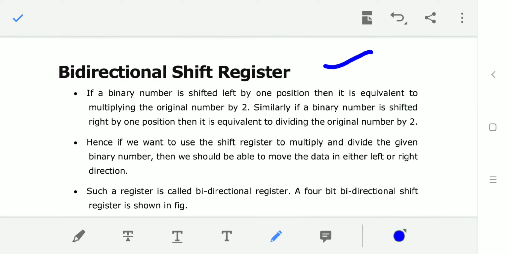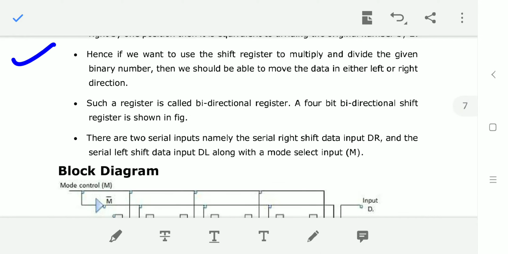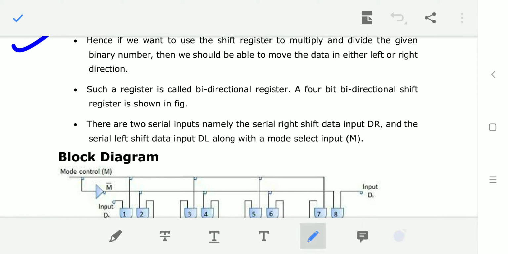If a binary number is shifted left by one position, then it is equivalent to multiplying the original number by 2. Similarly, if a binary number is shifted right by one position, then it is equivalent to dividing the original number by 2. Hence, if we want to use the shift register to multiply and divide a given binary number, then we should be able to move the data in either left or right direction.